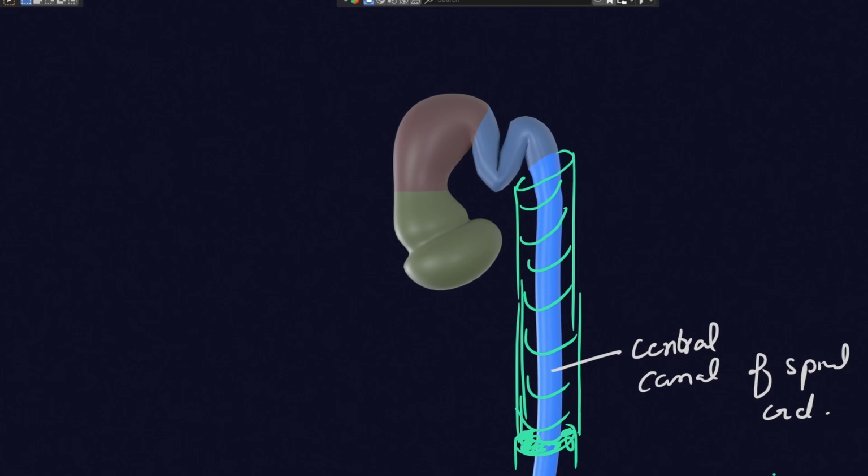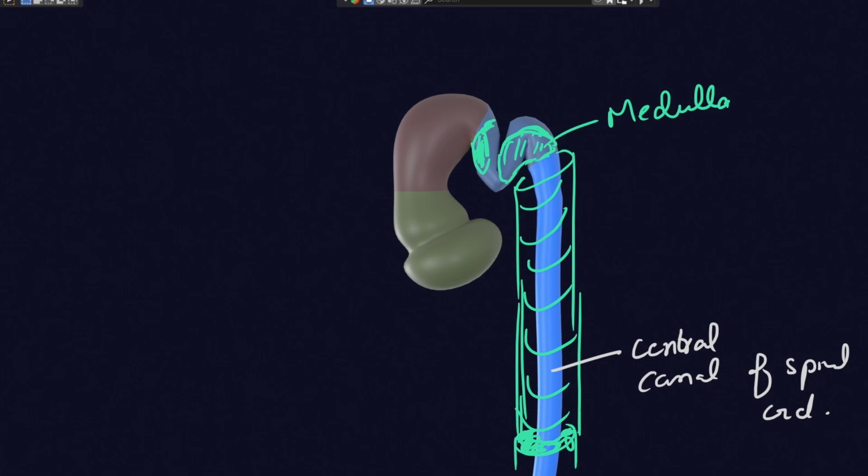Then if we talk about this Myelencephalon here, it will form medulla oblongata. There will of course be structural changes in it, and it will form the medulla. Then from this Metencephalon, from its ventral side, pons will be formed, and from the dorsal end there will be the alar lips.